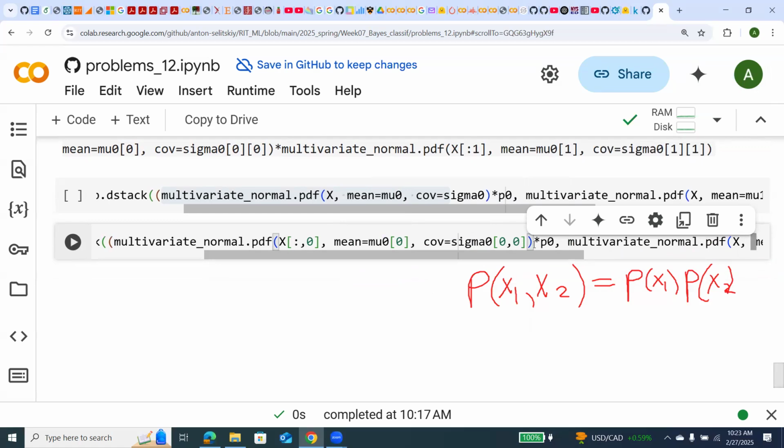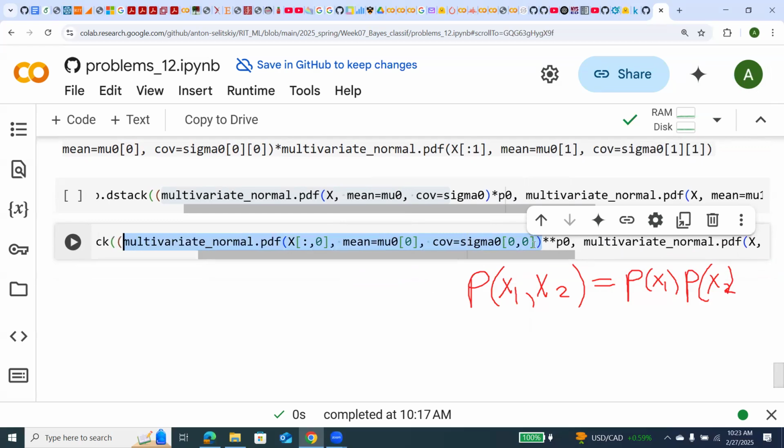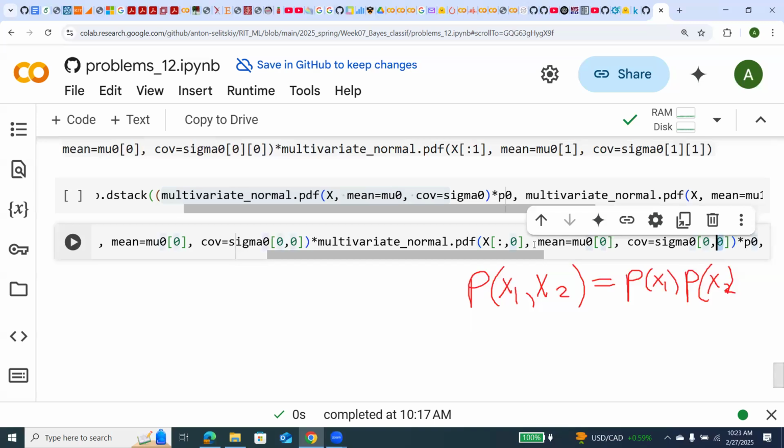And then I should multiply this by the same, but for the second component. So for the second component, I will take the second coordinate. And that's it.